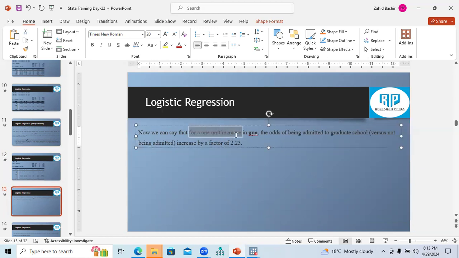For a 1 unit increase in GPA, the odds of being admitted to graduate school versus not admitted increased by a factor of 2.23.